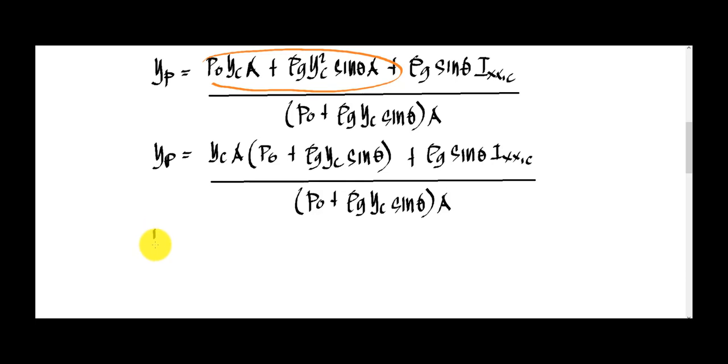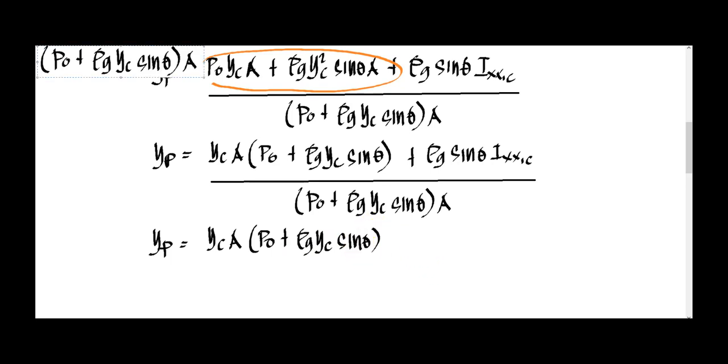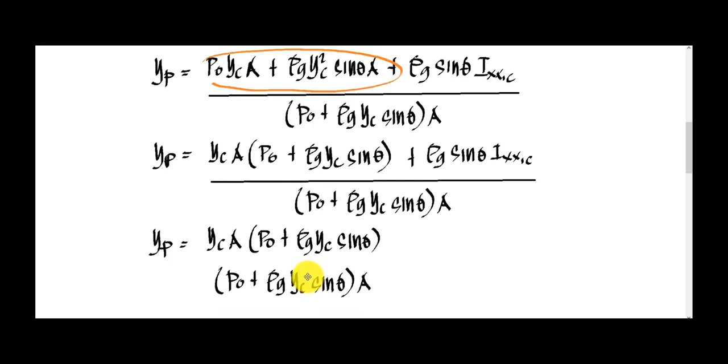Now let's try to separate it from the distributed to the denominator here. So we have your yc area times your atmospheric plus your density, gravity, then you have your yc sine of theta, then the denominator for this one.